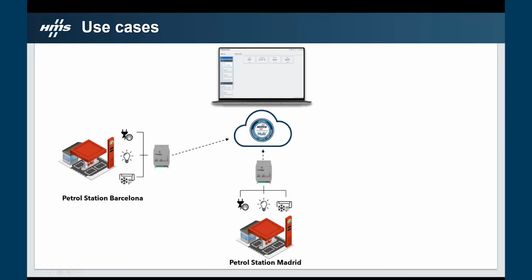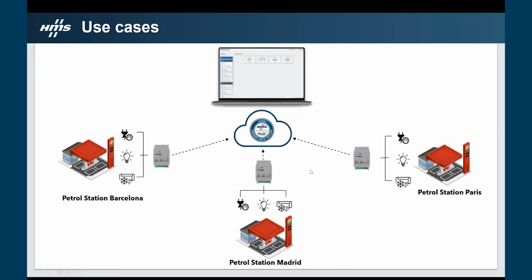Now, we will see how to install a new gateway in another location. In this case, we are going to be adding a new device in a petrol station in France, in Paris. And we will be adding it to the common dashboard just for it to be monitored the same way that the devices in Barcelona and Madrid and so on.